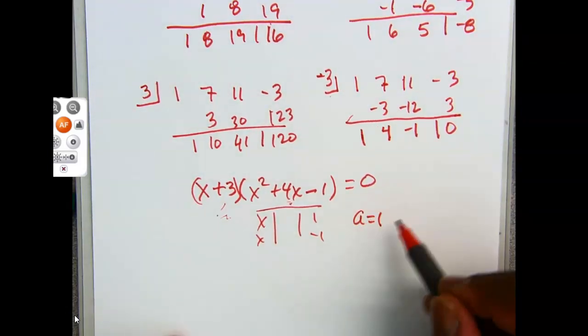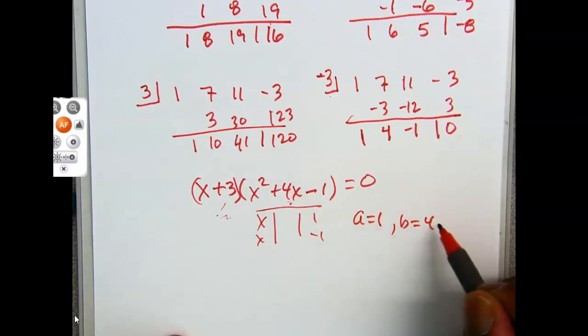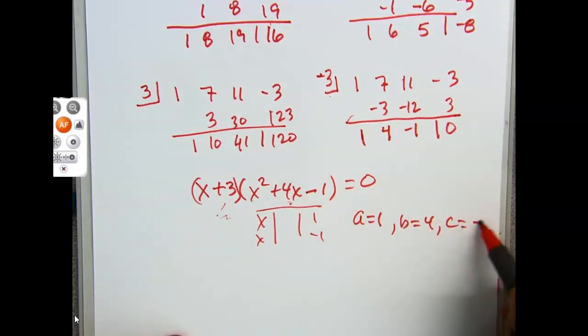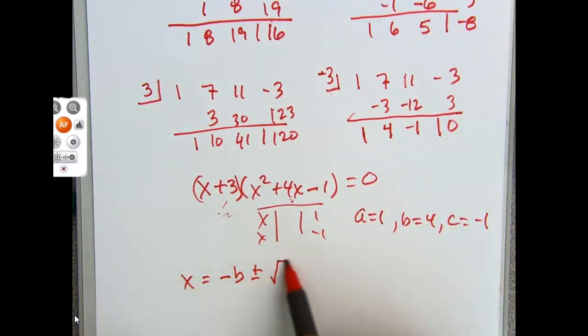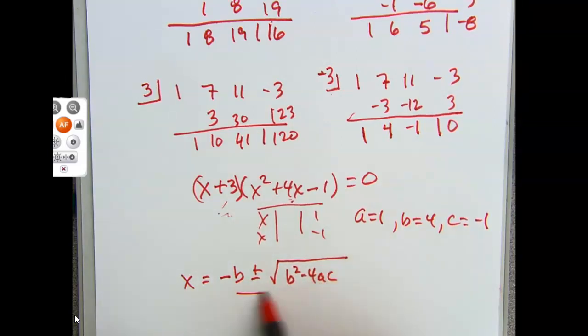So a is 1, b equals 4, c is equal to negative 1. x is equal to the opposite of b, plus or minus the square root of b squared minus 4ac, and the whole thing divided by 2 times a.